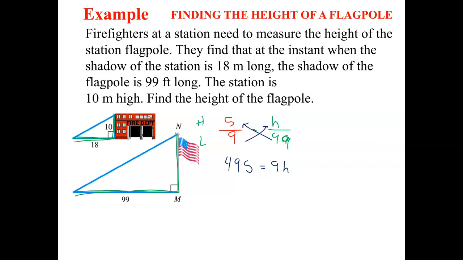Then 495 divided by 9. Say it again. There you go. So we know the flagpole is 55 meters high, or feet long.